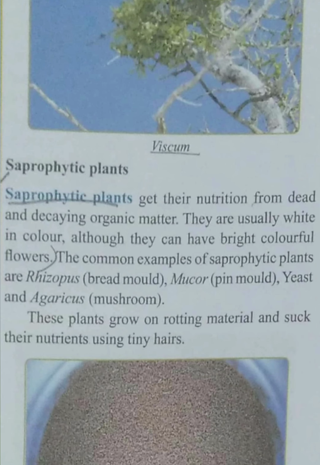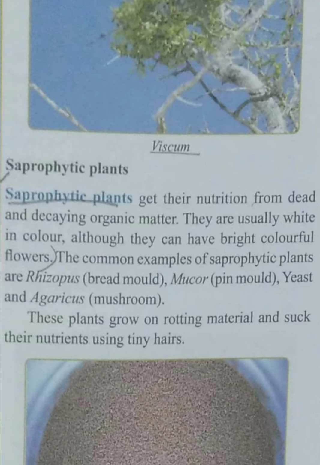So the second type of plants are saprophytic plants. The saprophytic plants get their nutrition from dead and decayed organic matter. They are usually white in color, although they can have bright colorful flowers. The common examples of saprophytic plants are Rhizopus, bread mold, Mucor, pin mold, yeast, and Agaricus mushroom.